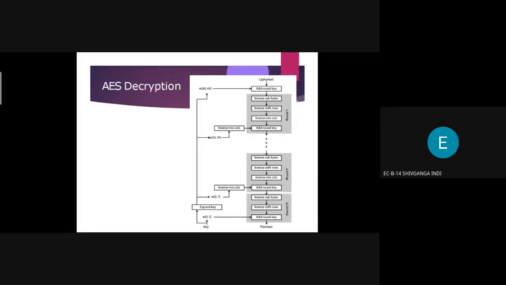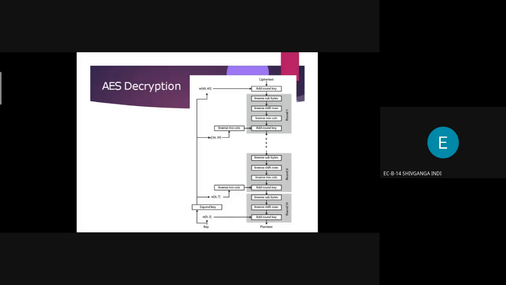As compared to DES, AES is a more secure algorithm. This is the AES decryption process. For performing decryption, we simply perform the reverse operation of encryption.